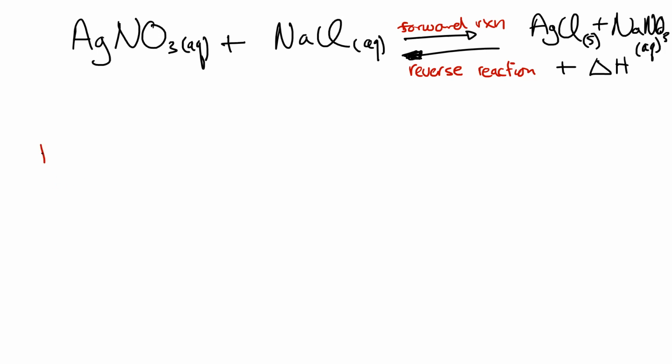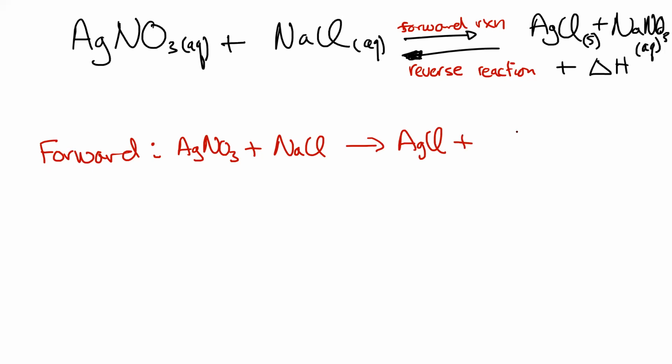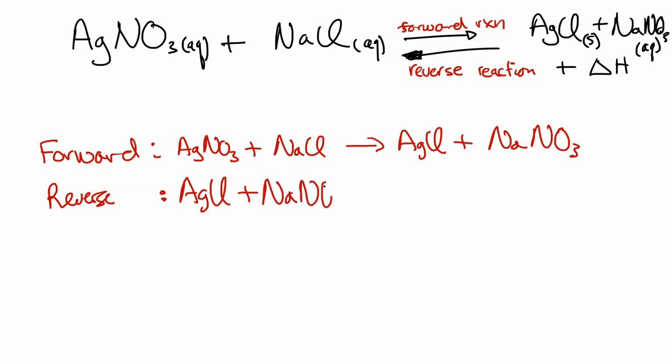So you could break this down into two separate reactions. The forward reaction is silver nitrate plus sodium chloride, giving you silver chloride plus sodium nitrate. And then the reverse is silver chloride plus sodium nitrate, giving you silver nitrate plus sodium chloride.